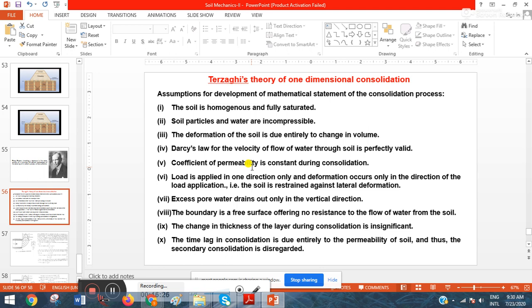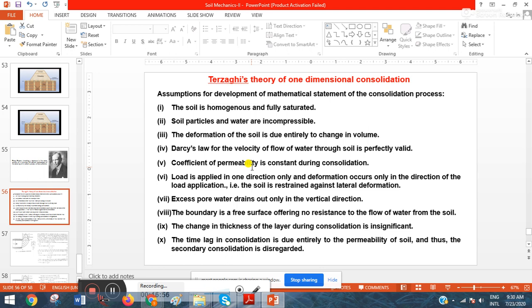Number 5, the coefficient of permeability is constant during consolidation. Number 6, load is applied in one direction only and deformation occurs only in the direction of the load application, that is, the soil is restrained against lateral deformation. Number 7, excess pore water drains out only in the vertical direction.